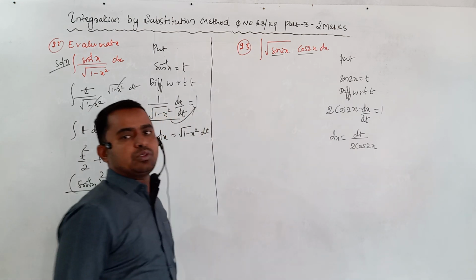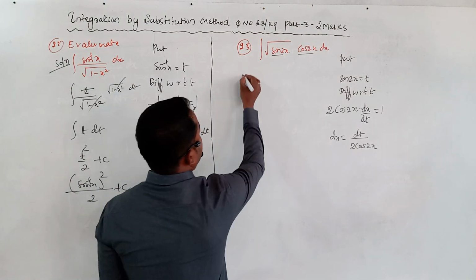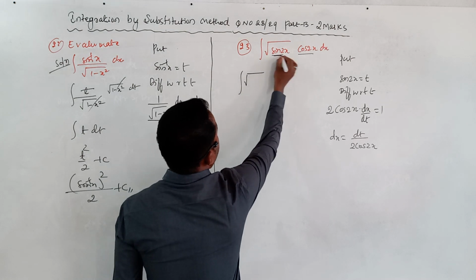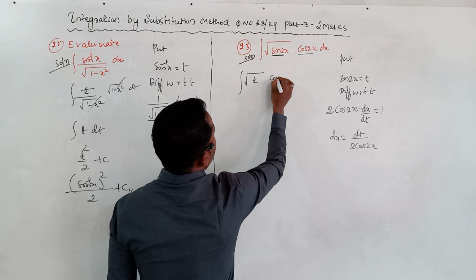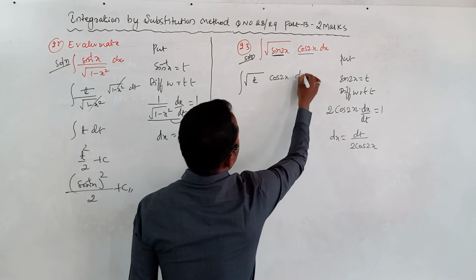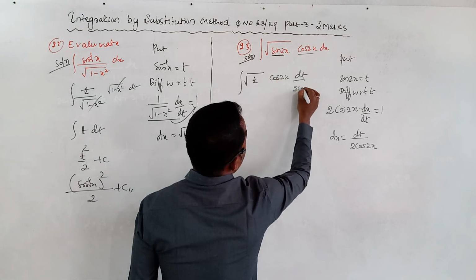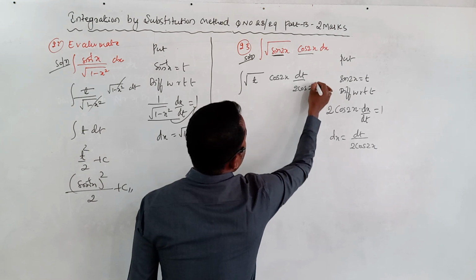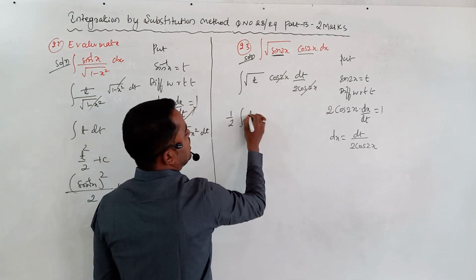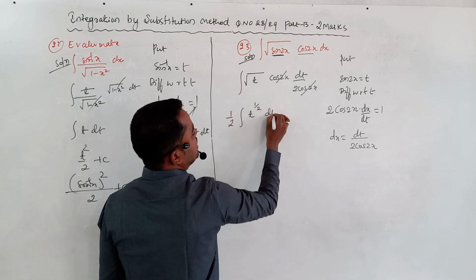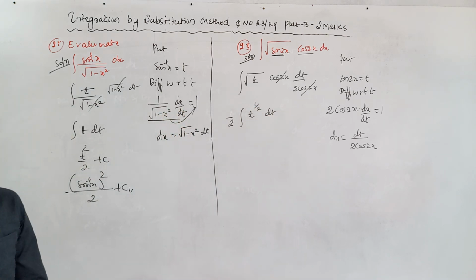2 cos 2x. Now come to here. Integration of root of sine 2x means what? Root t, cos 2x, dx means what? dt by 2 cos 2x. Cos 2x cancel. Take 2 outside. 1 by 2 integration of root t means what? 1 by 2 dt. Root means what? 1 by 2.